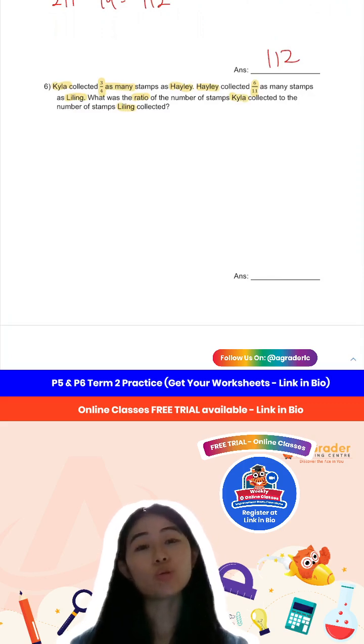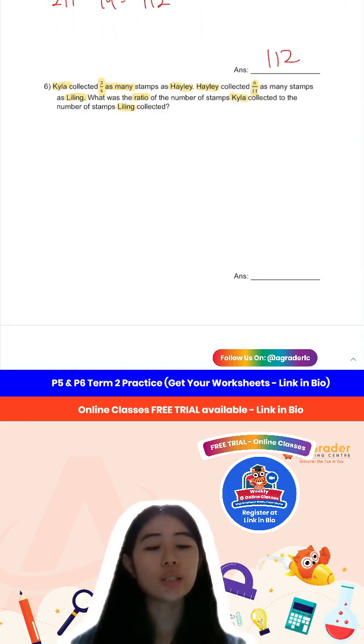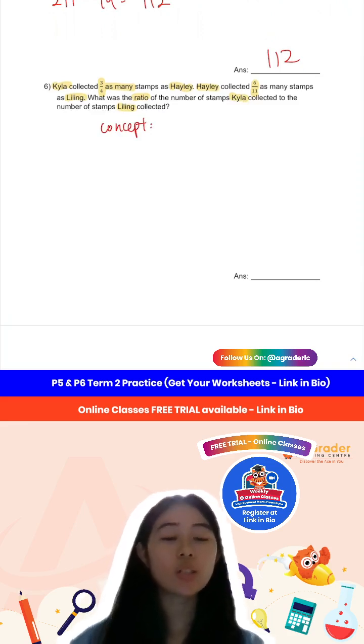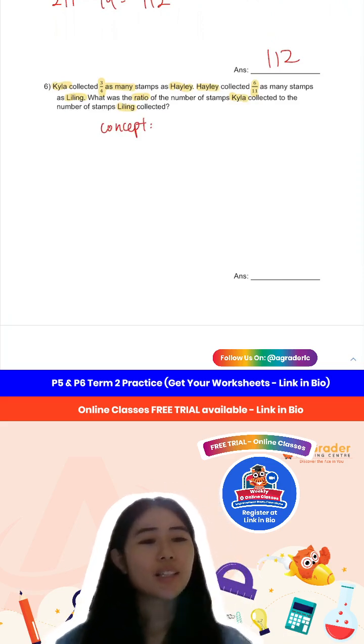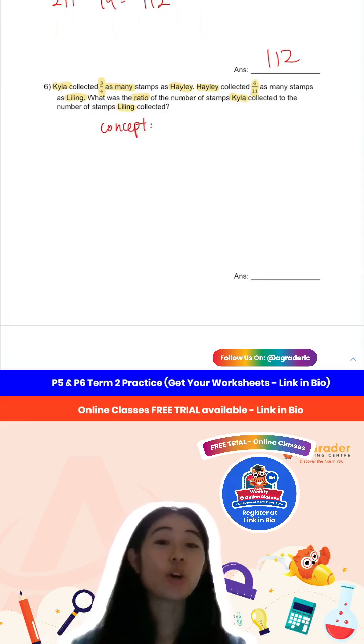Before we go through this question, there is a certain concept that applies here. Let me know what concept it is in the chat box. So what's the concept that applies in this question? Cindy, the fraction thing is not a concept. I need the name of the concept or the heuristic.